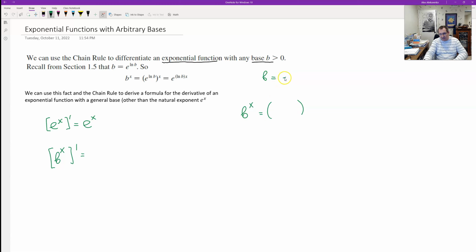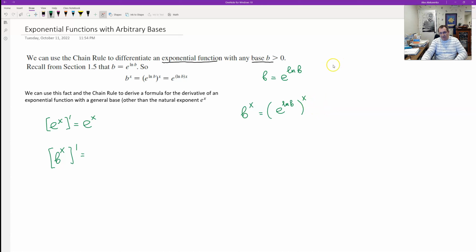In particular, b is equal to e raised to the natural logarithm of b. That's an identity that we're supposed to discuss in pre-calculus. And what we can do is replace b with e to the natural log of b. And then everything is raised to degree x.